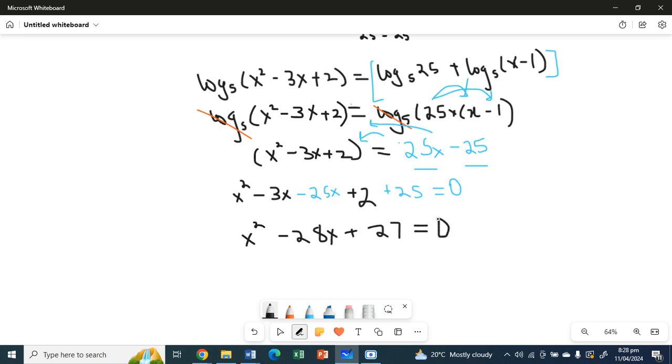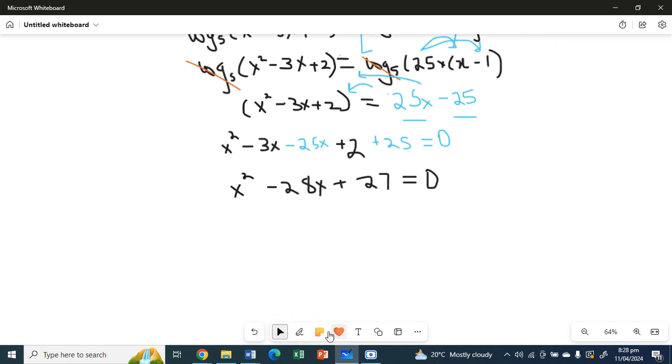So now we have a quadratic equation, and we can solve this quadratic equation so that we can get our values of x. So with the quadratic equation, you're going to get two values of x. So when you're solving a quadratic equation, first you label your a, your b, and your c.